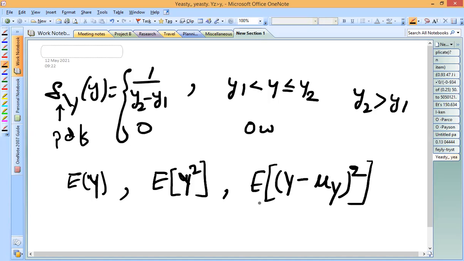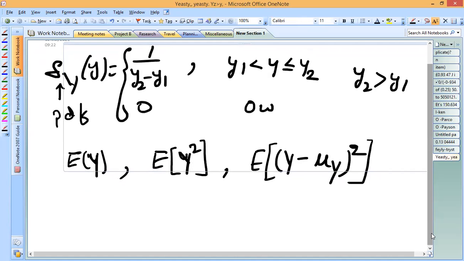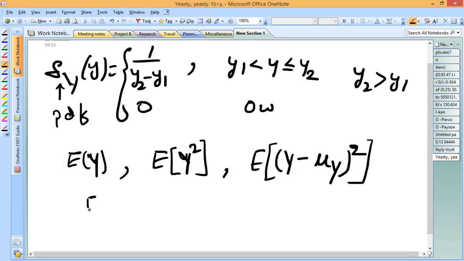Here we'll see how to calculate the expectation of Y. First we'll take up the first equation. Expectation of Y, what was the equation?